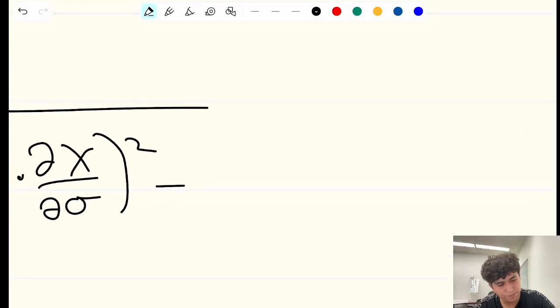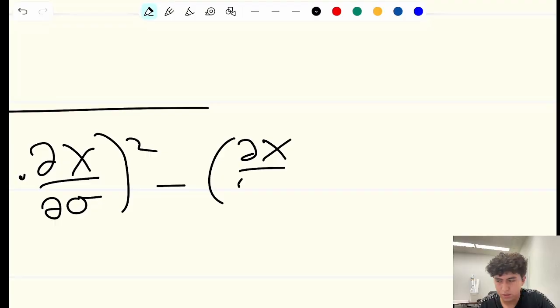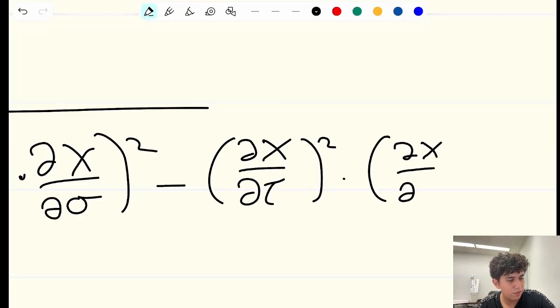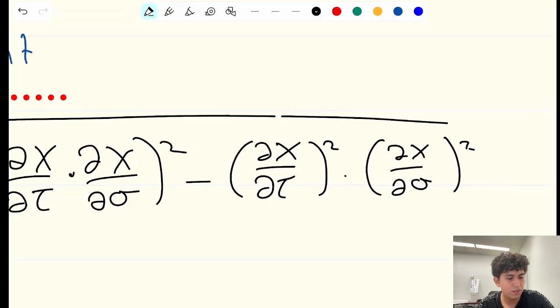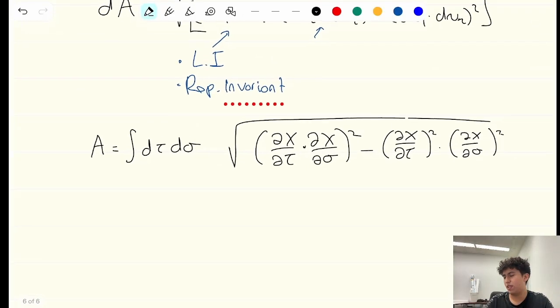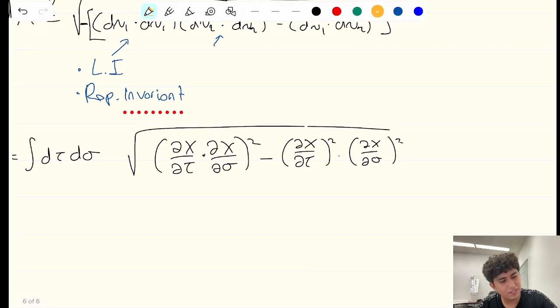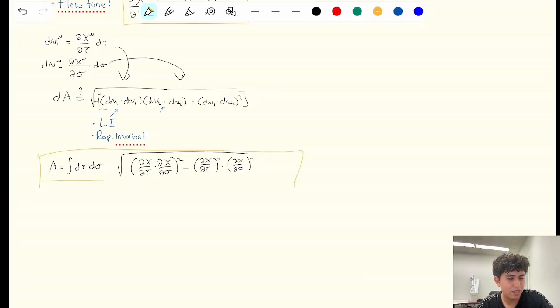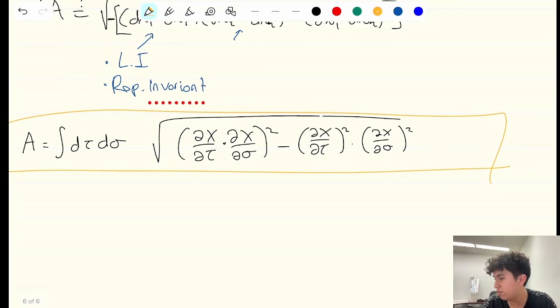Sigma squared, then d tau squared dot sigma squared. Cool. Okay, so this is going to be the area functional for space-time. The only difference from the previous area functional is, first, we're using 4 vectors, and second, we're taking this minus sign and inverting the two terms just to make it positive.